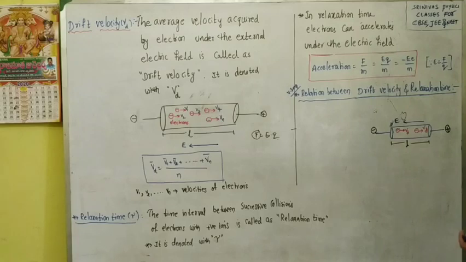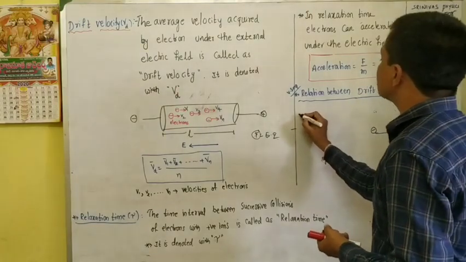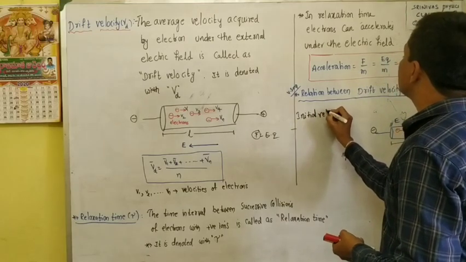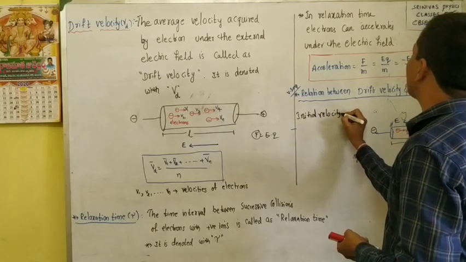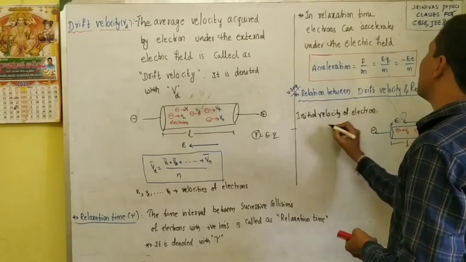Now what is v_d here? Drift velocity and relaxation time, we have to derive the relation between these two. For that, first we consider the initial velocity of the electron as 0. Initially there is no velocity.